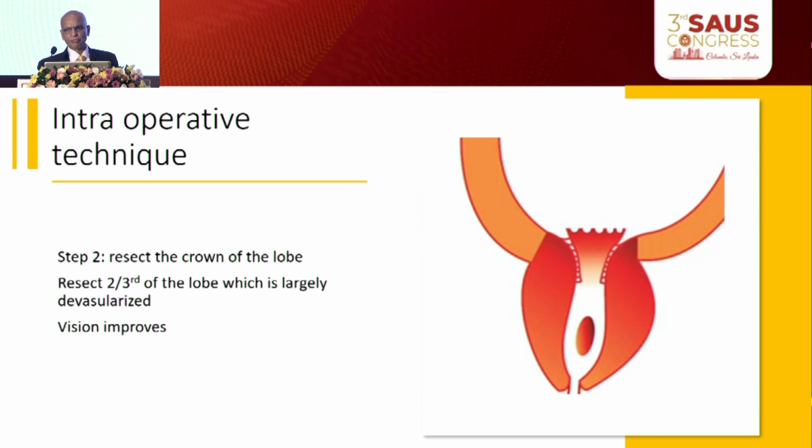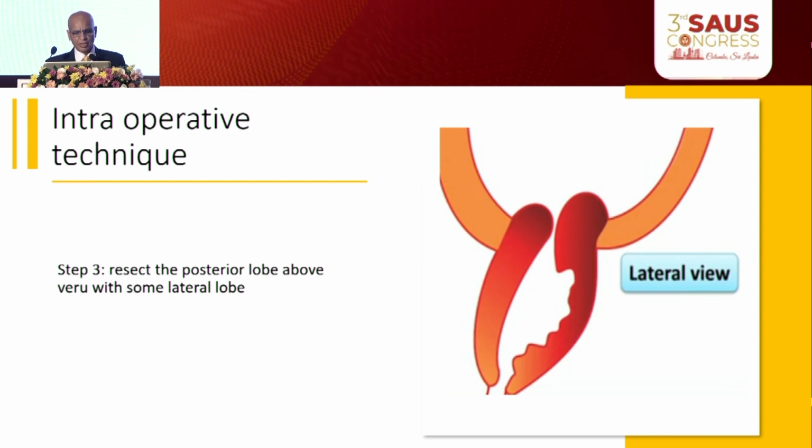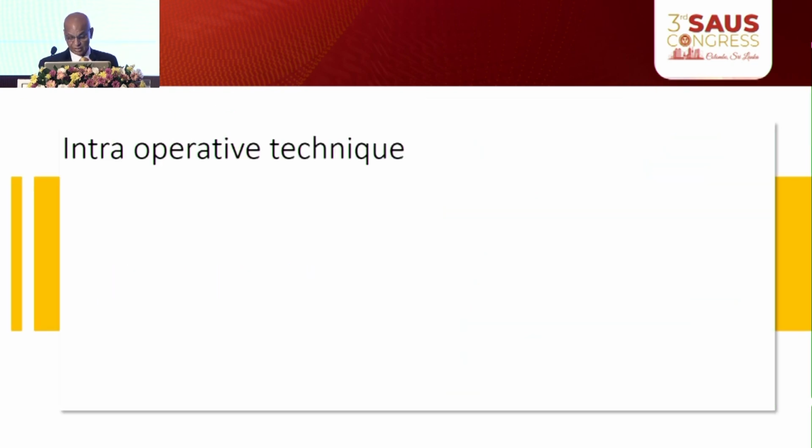This improves the vision. We can now inspect the bladder much better, and the flow dynamics improve, improving the vision. Subsequently, we resect the posterior lobe, and this will cause the tissue at the median lobe to fall backwards, and we could safely resect whatever residual tissue is there at the median lobe.